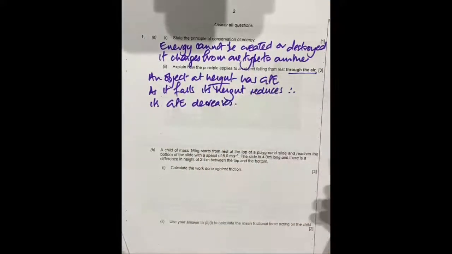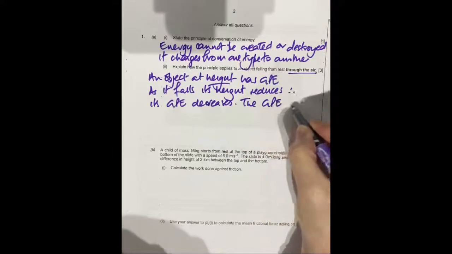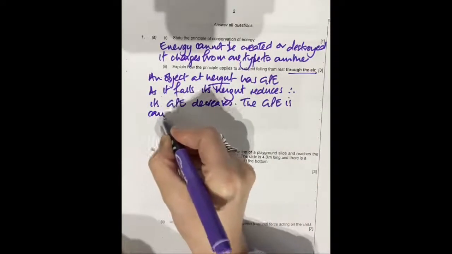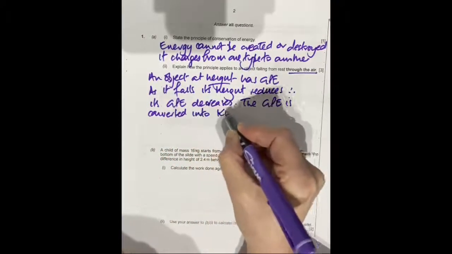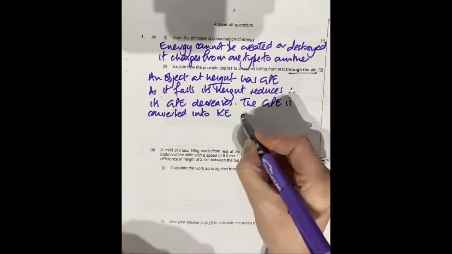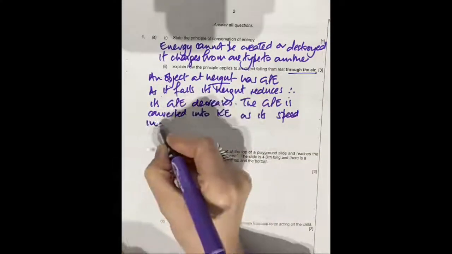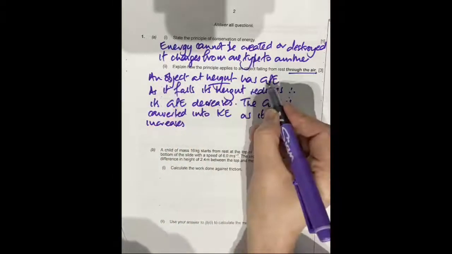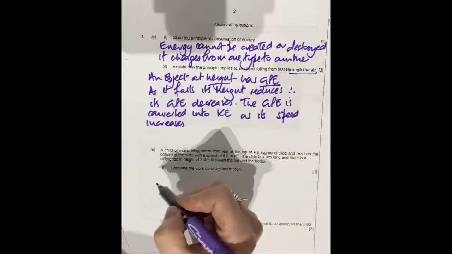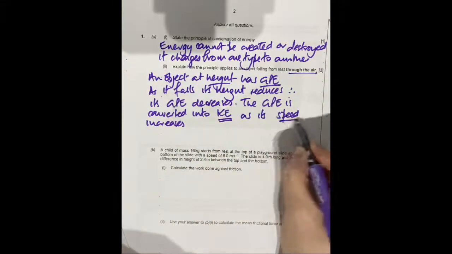Now the GPE doesn't disappear, that GPE is converted into kinetic energy, yeah, as its speed increases. So what I've done there is I've linked GPE to height, and I have linked KE to speed.